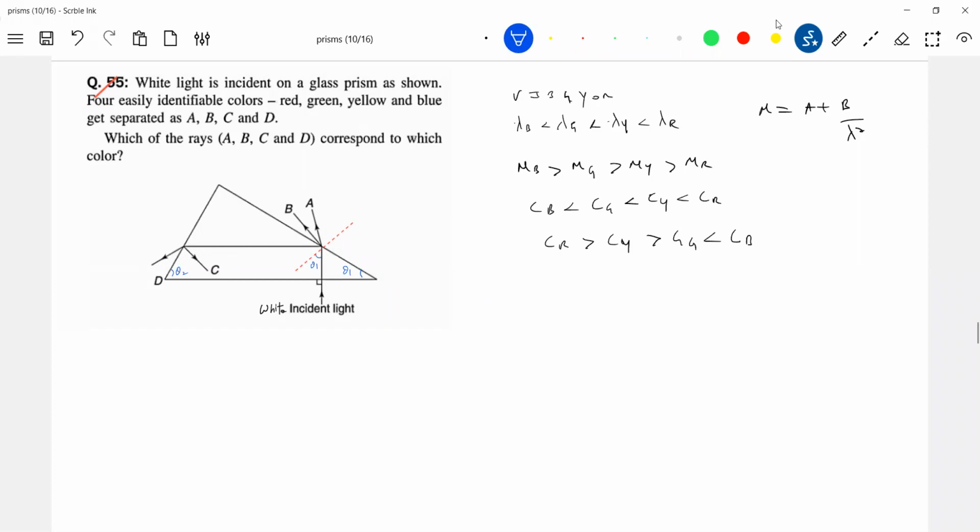Please do think that I don't have much mathematics here. If the green and blue undergo TIR, what happens to red and yellow? They need not undergo TIR. If red and yellow undergo TIR, then green and blue must undergo TIR. These are green and blue.